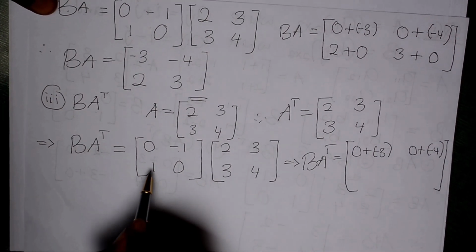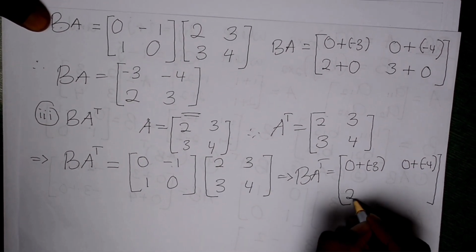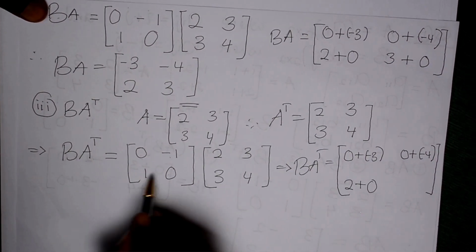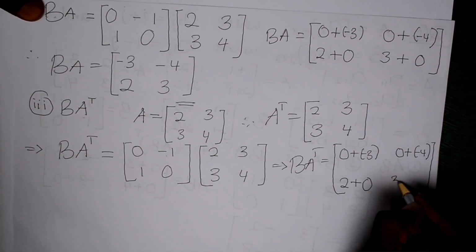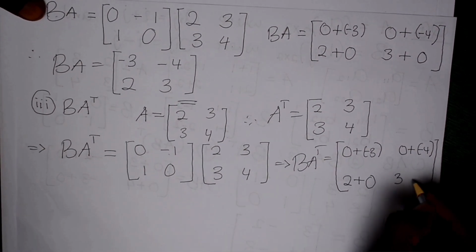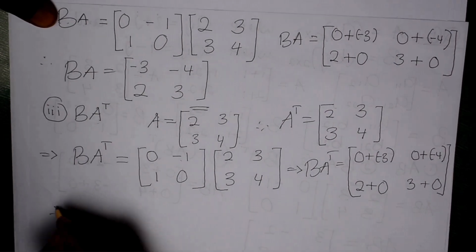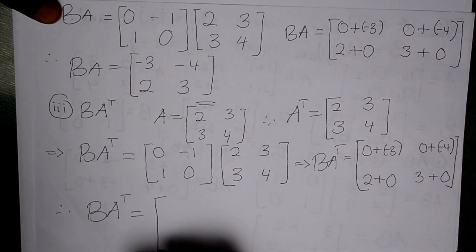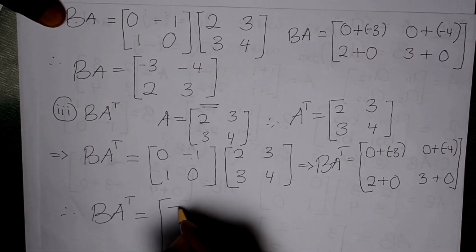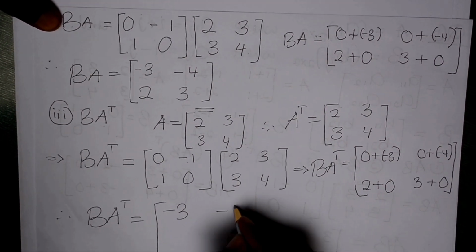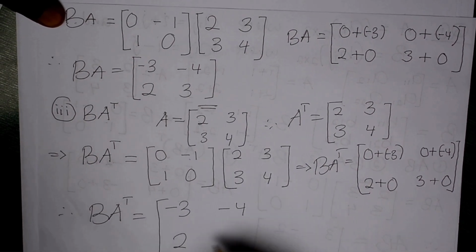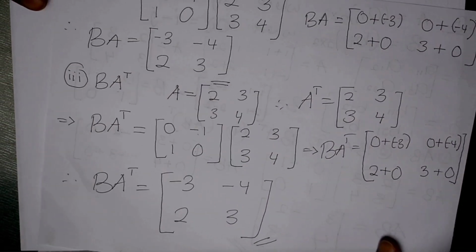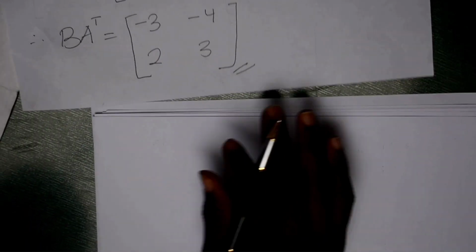Then 1 times 2, 2, plus 0 times 3, 0. 1 times 3, 3, plus 0 times 4, 0. So now matrix BA transpose will be equal to 0 plus minus 3, minus 3; 0 plus minus 4, minus 4; 2 plus 0, 2; 3 plus 0, 3. So this is matrix BA transpose.